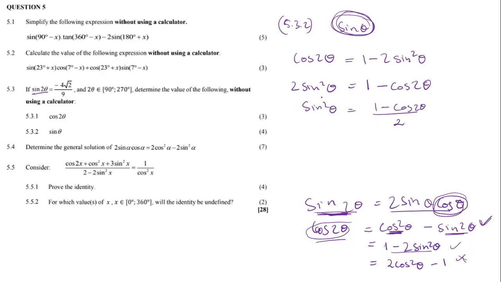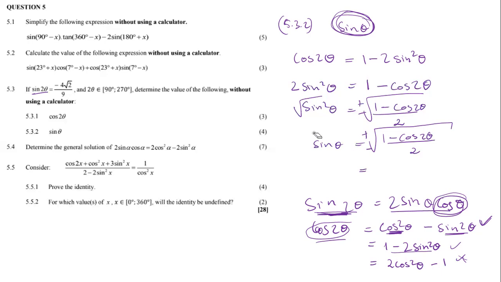And then I take the root on both sides. I'm going to have sine theta equals plus or minus, I forgot there, the square root of 1 minus cos 2 theta divided by 2.